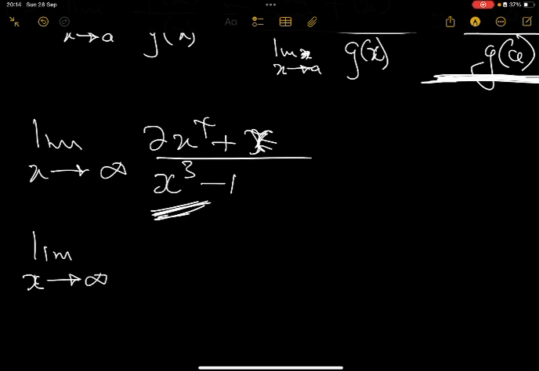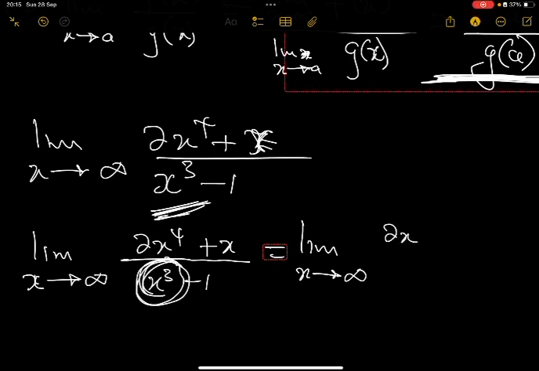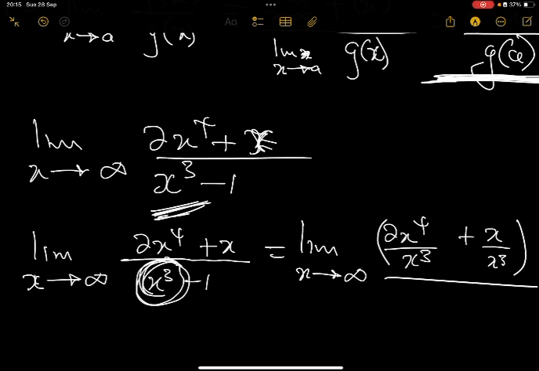So it goes like the limit as x approaches infinity of 2x to the 4 plus x over x cubed minus 1 is equal to the limit as x approaches infinity. We said that you have to divide everything using the variable with the highest power on the denominator. So it goes like 2x to the 4 over x cubed plus x over x cubed, over x cubed over x cubed minus 1 over x cubed.